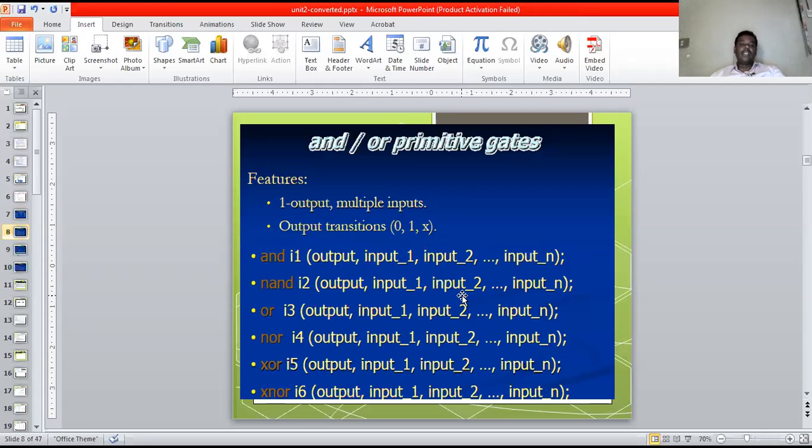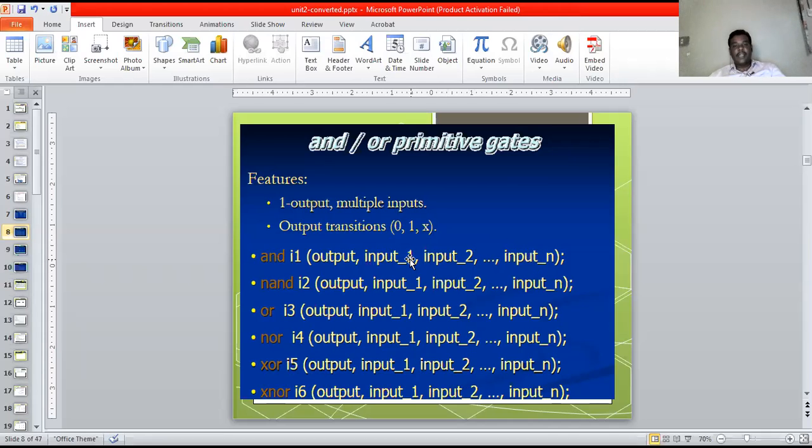Now let us talk about how many types of inputs we can apply to the primitive gates and how many outputs can be obtained from the primitive gate here. We already discussed that AND gate, NAND gate, OR gate, NOR gate, XOR gate, XNOR gate are the primitive gates here. They have a single output and multiple inputs.